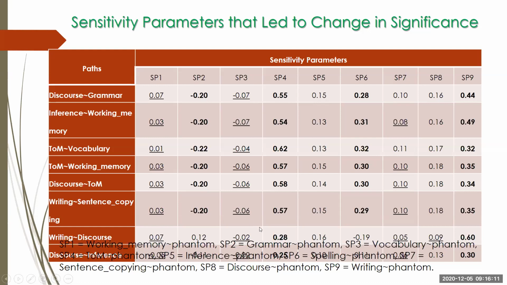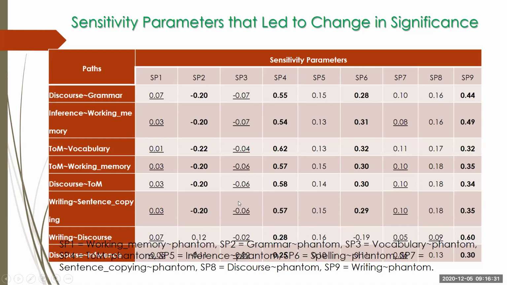So that is a path of the phantom variable. And you can see that they became quite large. If you had a negative effect of the phantom variable on grammar, of about minus 0.2, it would change the results of the study.